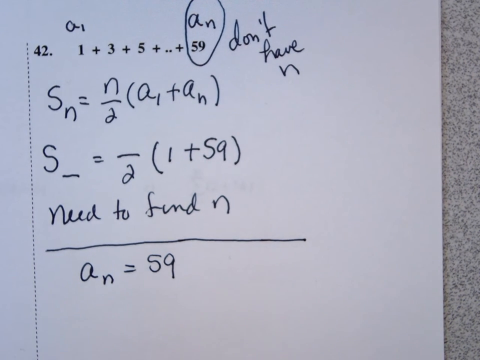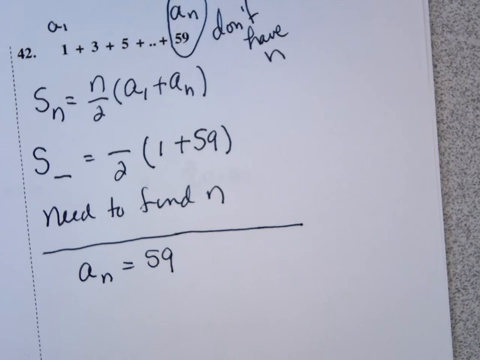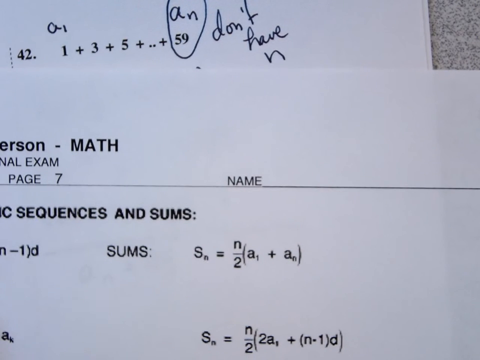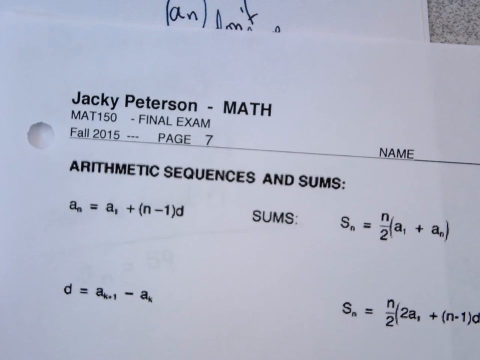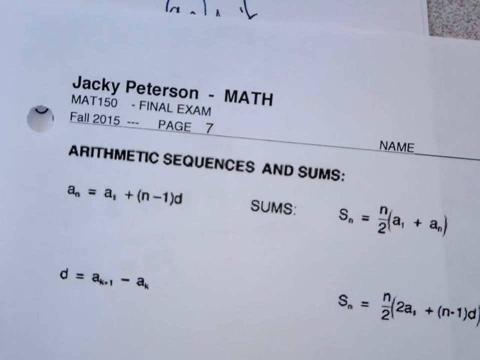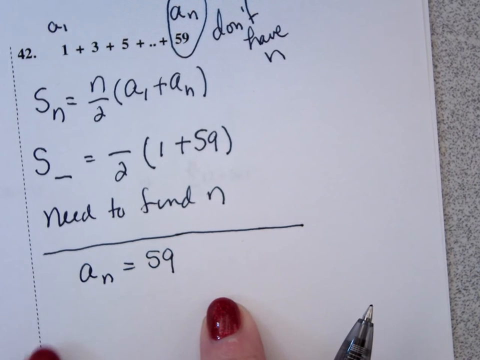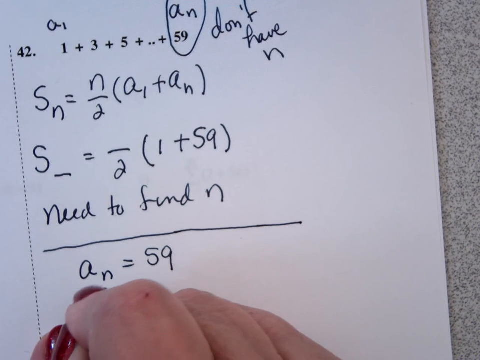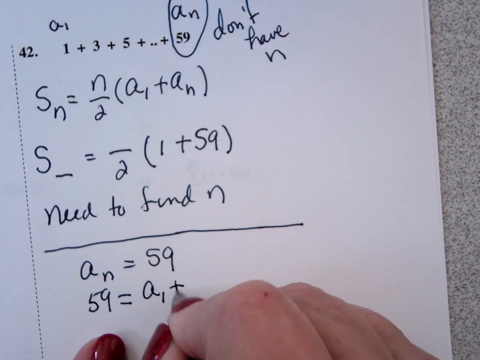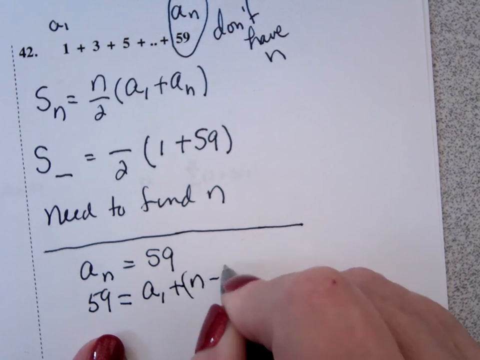So one thing we remember or don't remember from our formula sheet is the sequence generator can be found by taking a sub n is a1 plus n minus 1 times d. So that says that 59 equals a sub 1 plus n minus 1 times d.